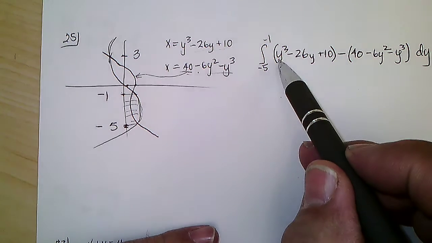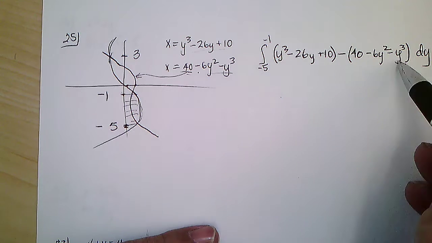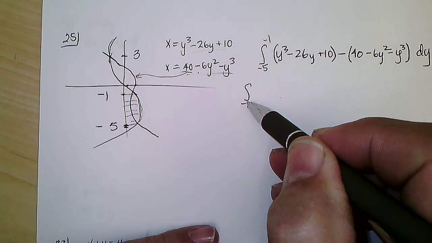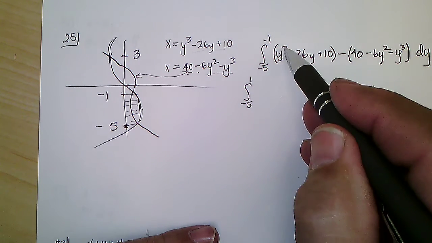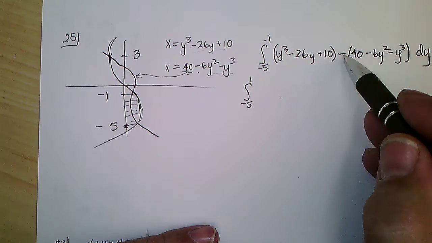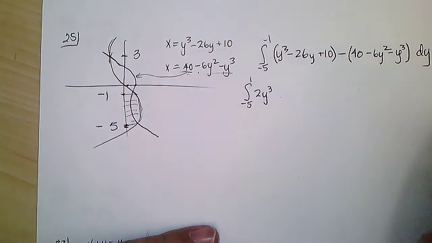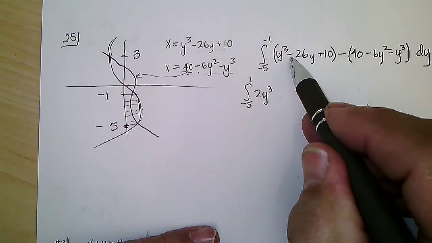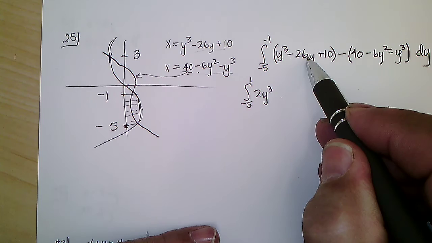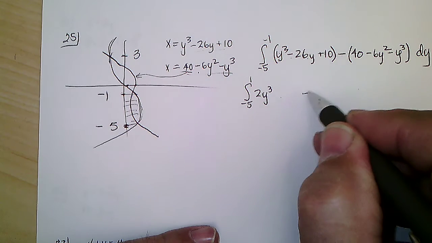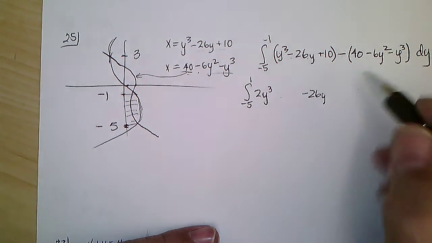So, can we simplify this? So we've got minus 5 to 1 of y cubed minus y cubed. That's 2y cubed. And then we got minus 26y, no other y's, minus 26y.